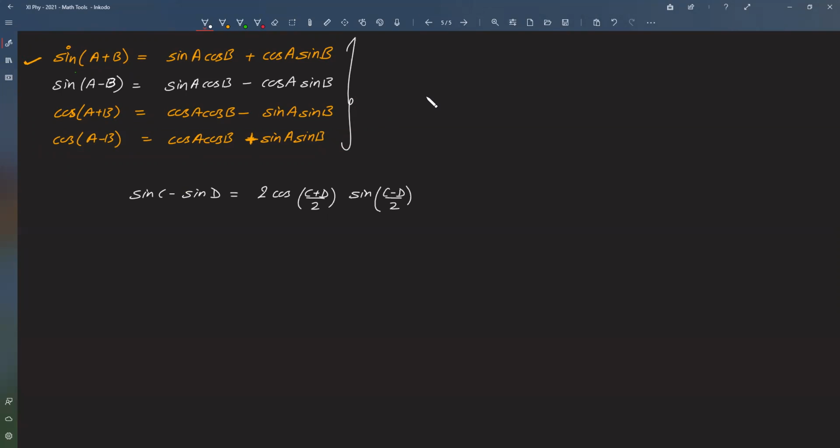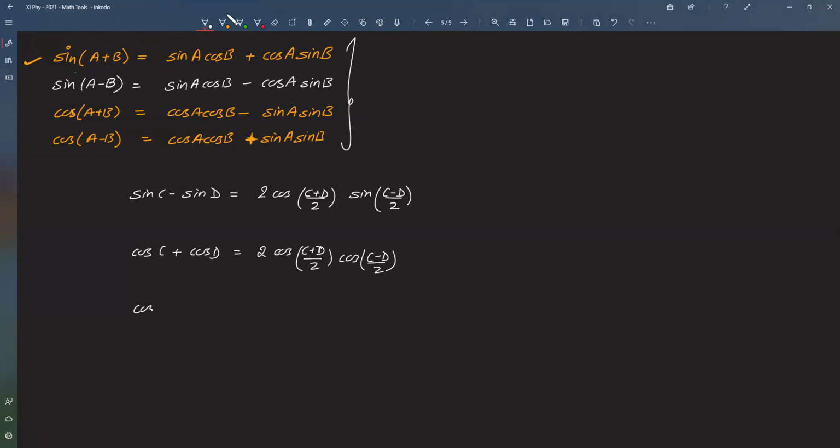So that was about sine C plus sine D and sine C minus sine D. Similarly, you have cos C plus cos D, and even that is 2 cos (C plus D) divided by 2 into cos (C minus D) divided by 2.